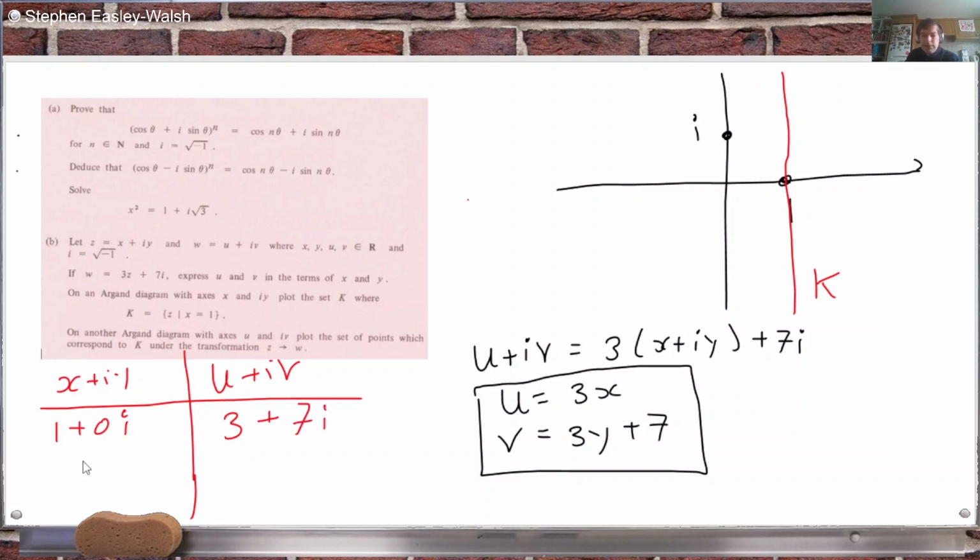And then let's take the point 1 plus 1i, so that would be 3, and then the v would be 10i.